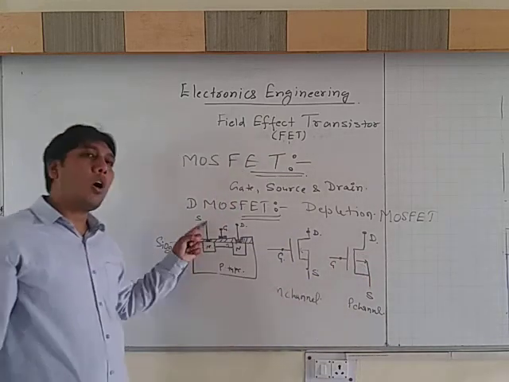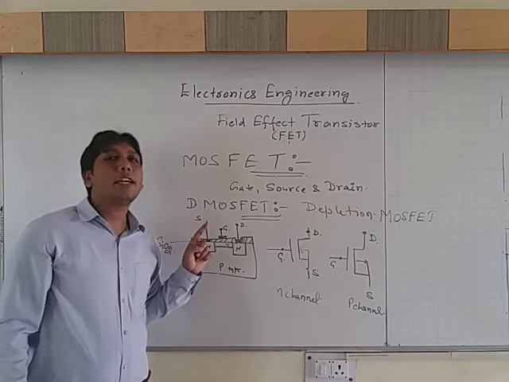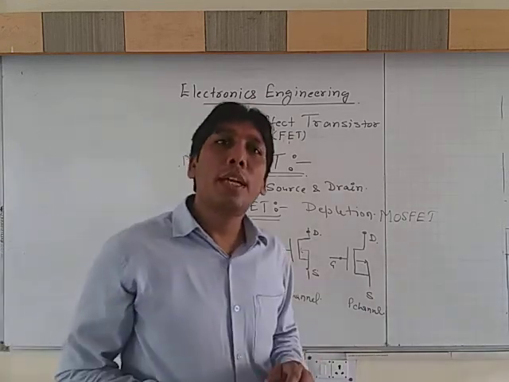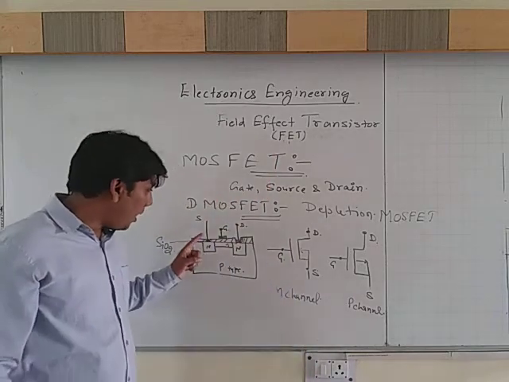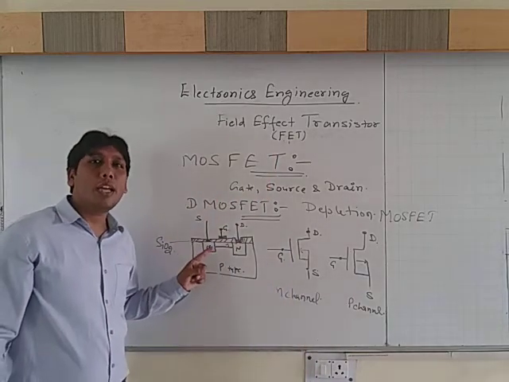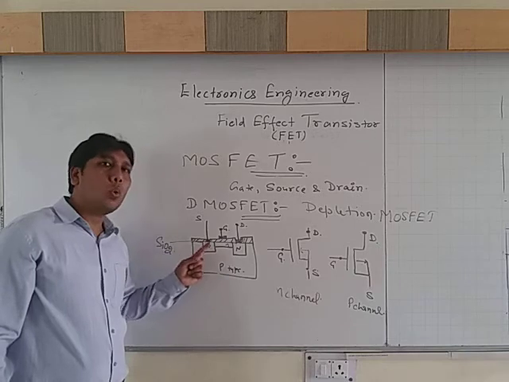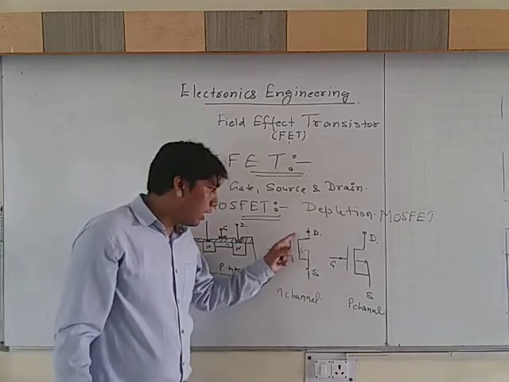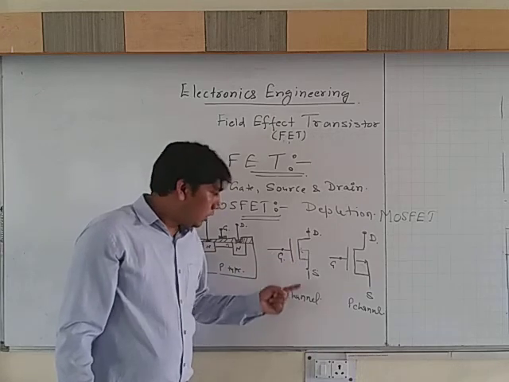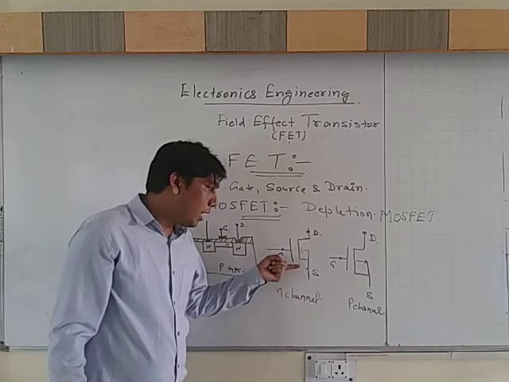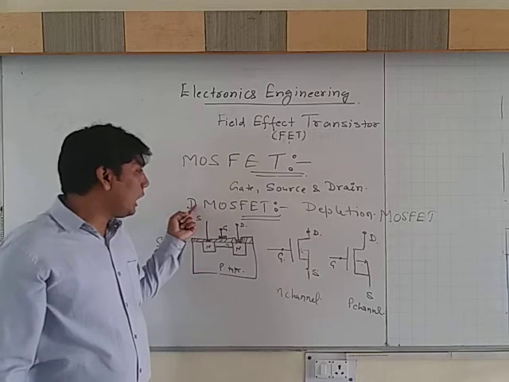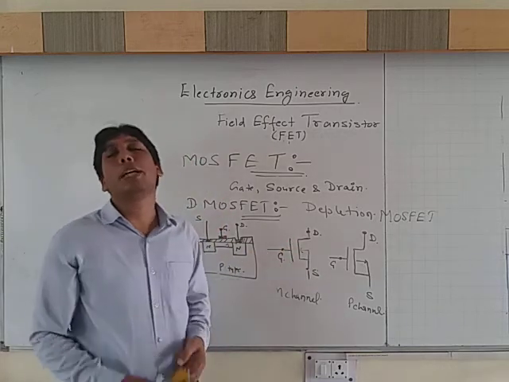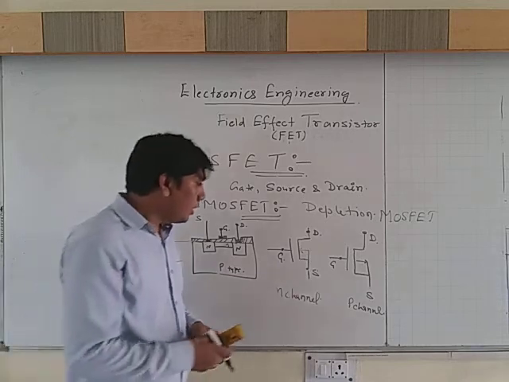Since channel is always present from the time of manufacturing, we have a channel in between source and drain at every time. That's why we show it with a dark line. If we make the symbol like this, it becomes D MOSFET, and if we show it with dotted line, it becomes E MOSFET.